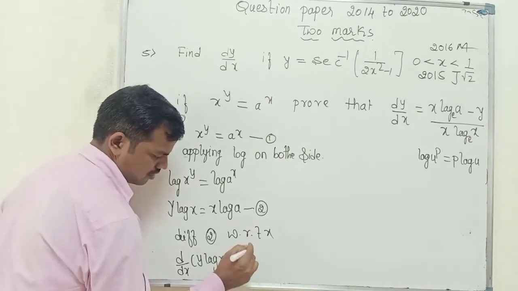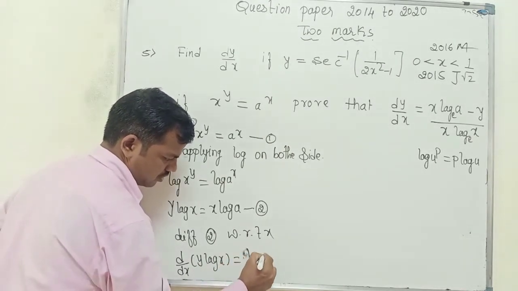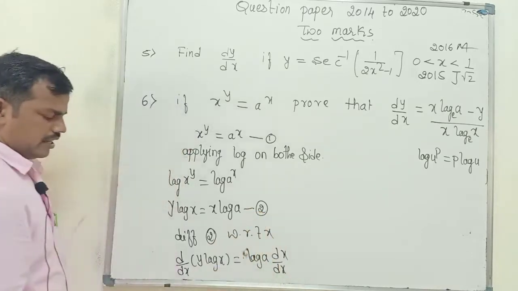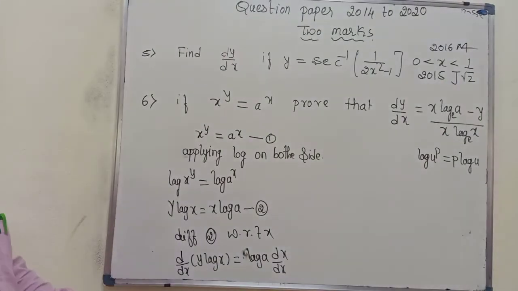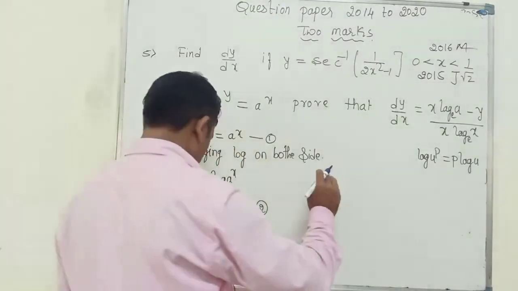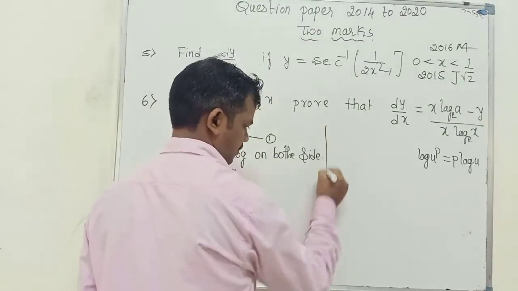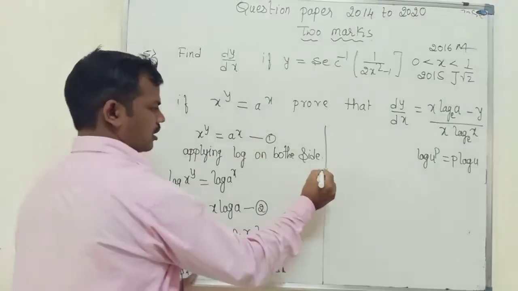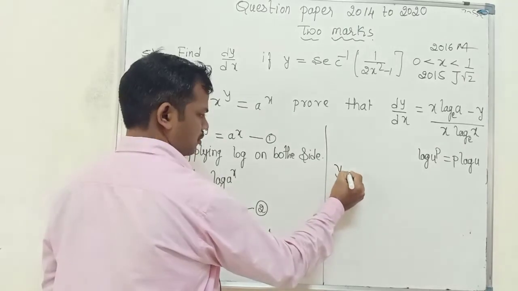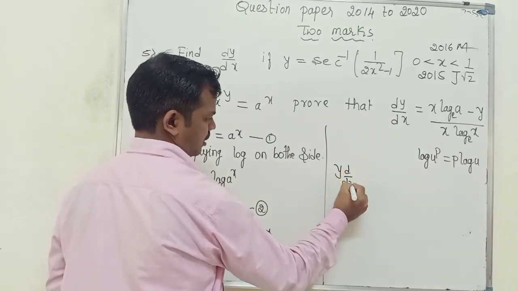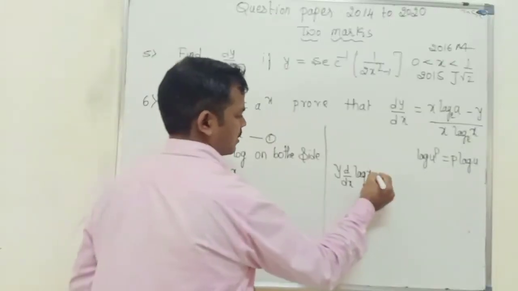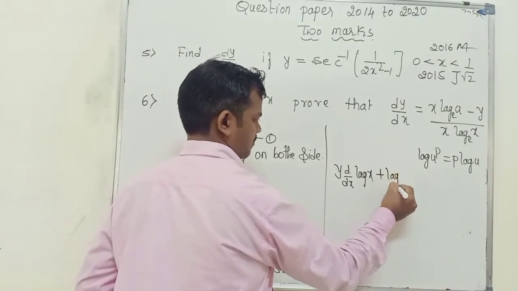Log a is a constant, let me take it outside, log a into derivative of x. So now we differentiate it. Keep y as it is. Product rule we have to use. Keep y as it is, derivative of log x. Next, plus keep log x as it is.